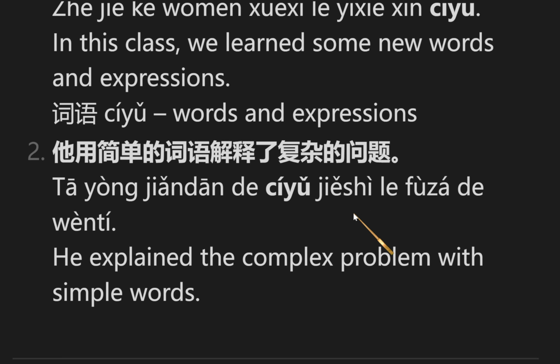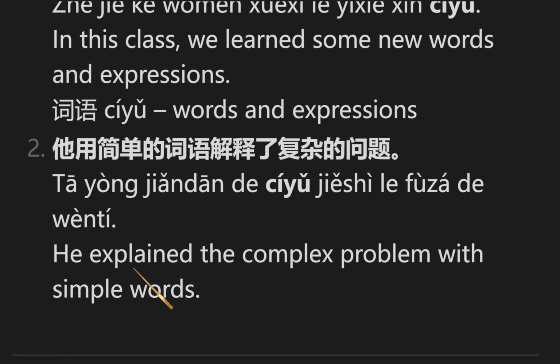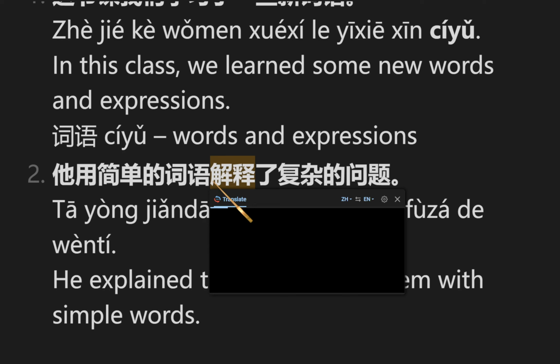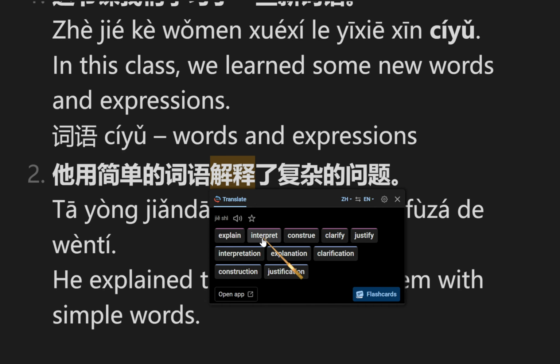Let's see another example. He explained the complex problem with simple words. 他用简单的词语解释了复杂的问题。他用简单的词语, he used simple words. 解释 is to explain, interpretation, explanation, clarify, justify.